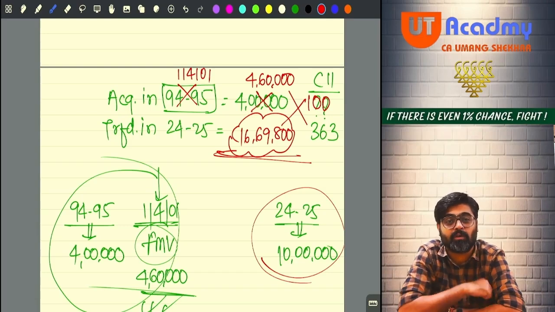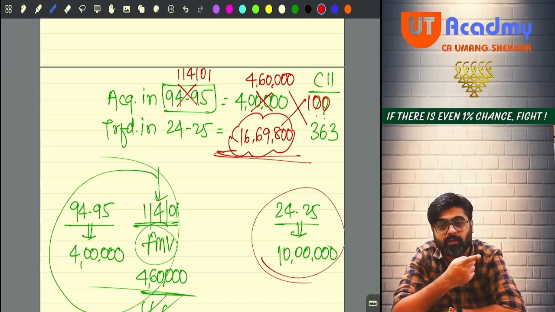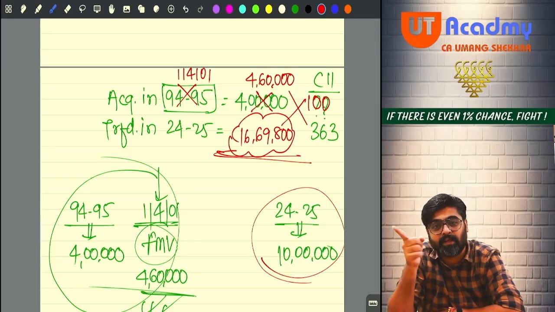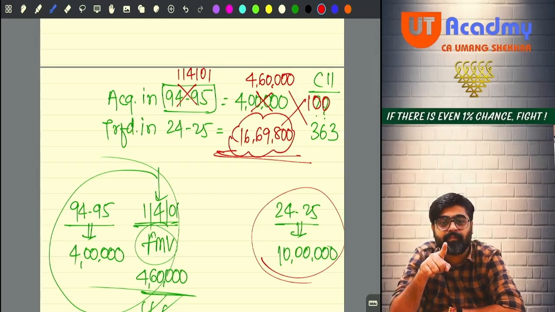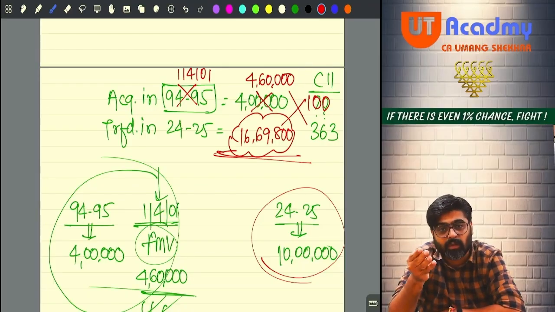Just imagine, you were not supposed to pay a single rupee of tax because you were having a loss. Now because of the indexation taken away, what is happening? You are going to pay tax on 5,40,000, 10 lakh minus 4,60,000, and that too at 12.5%. How smart the government is.